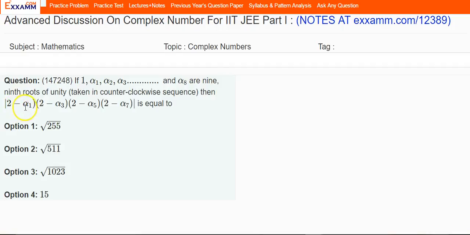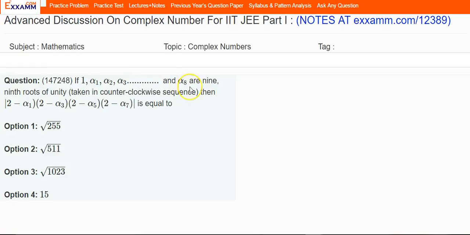Now, how will we get this kind of expression? One thing we know is that alpha 1 is the conjugate of alpha 7, alpha 2 is the conjugate of alpha 6. So that is okay, we'll keep it in mind. As of now, we cannot apply this thing here. Okay, then where to start? Now let us go to the basic definition.